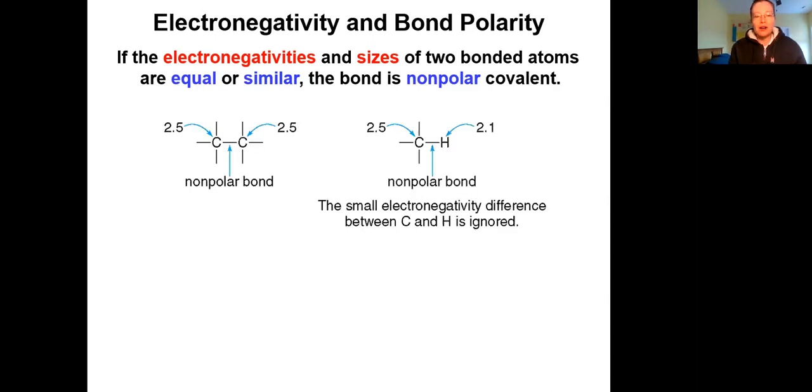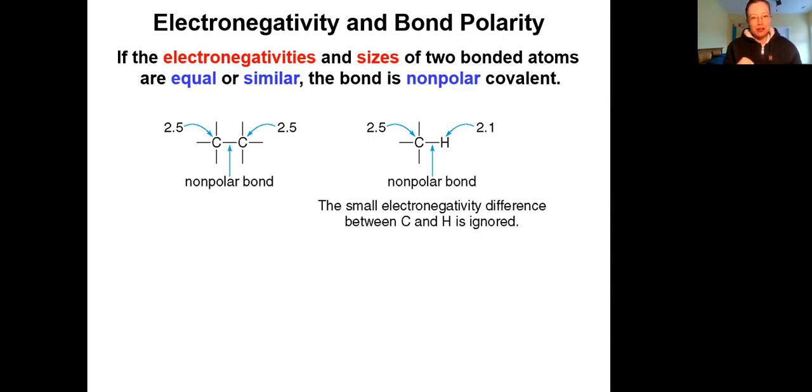This nonpolar bond between two carbon atoms is exactly the same electronegativity and exactly the same size atoms, so that's about as nonpolar as you can get. On the other side, this one is the one that I really need you to know is nonpolar.